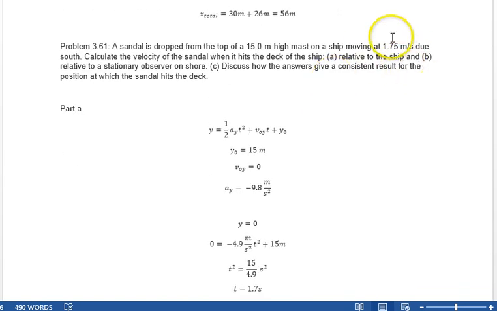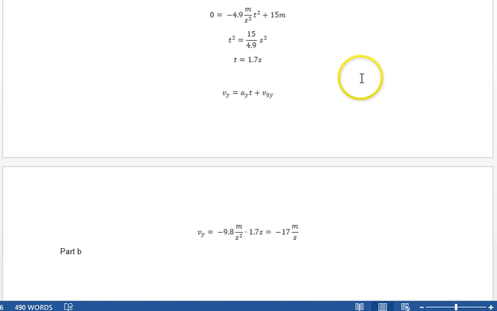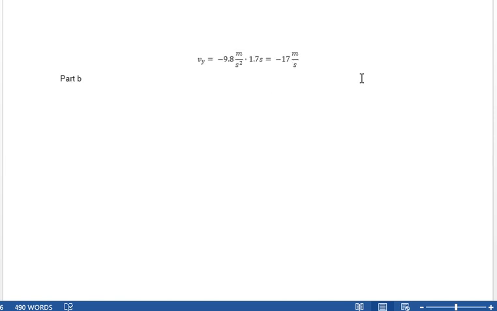Relative to someone on the shore, it's 1.75 meters per second. So someone on the shore sees it hit as a vector quantity, with 1.75 meters per second in the i direction, the X direction, minus 17 meters per second in the j direction.